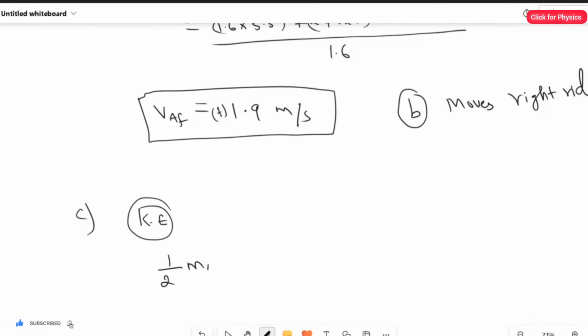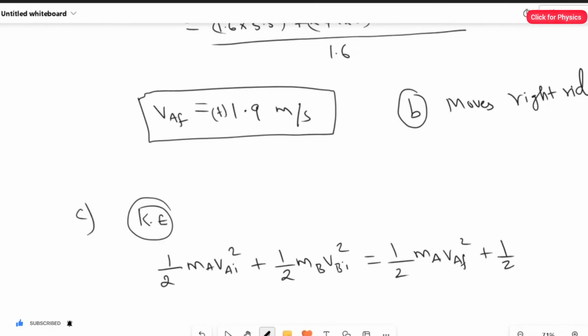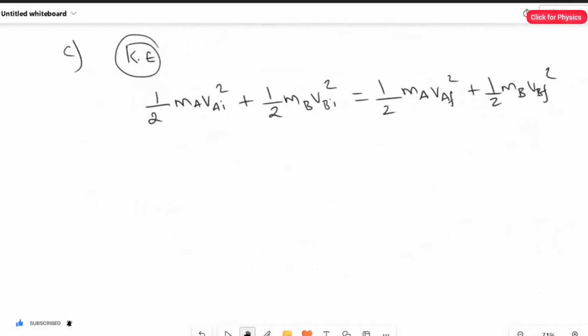Half MA VAI square plus half MB VBI square, which is equal to half MA VAF square plus half MB VBF square. So that is nothing but I apply the kinetic energy formula for each and every block, before collision and after collision.